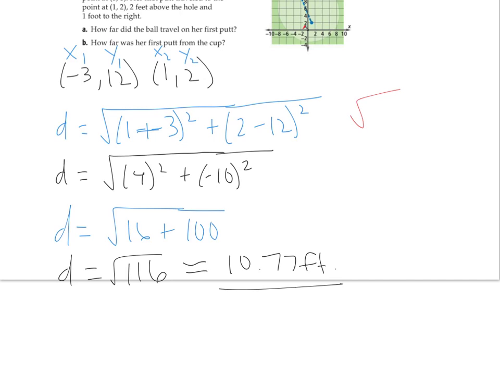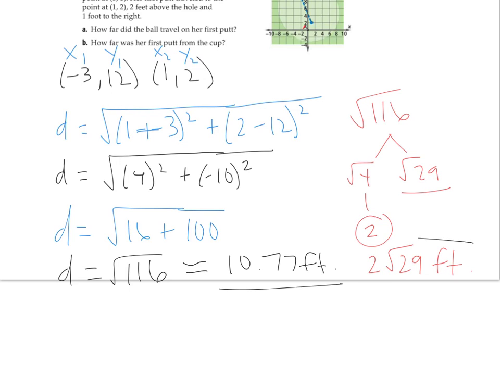So I'm going to break down 116. I'm going to think of a perfect square that goes into 116, which would be 4 and 29. And the square root of 4 is 2. 29 cannot be broken down. So I could say 2 square roots of 29 feet would also be an acceptable answer. So both of these answers right here would be correct.